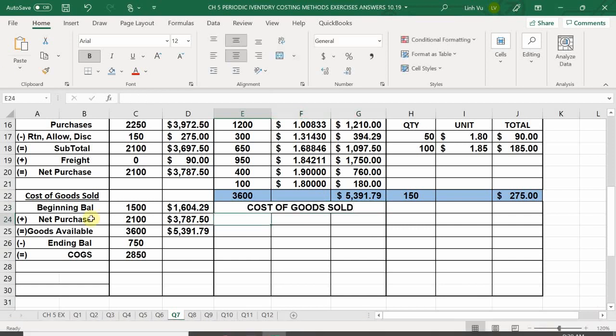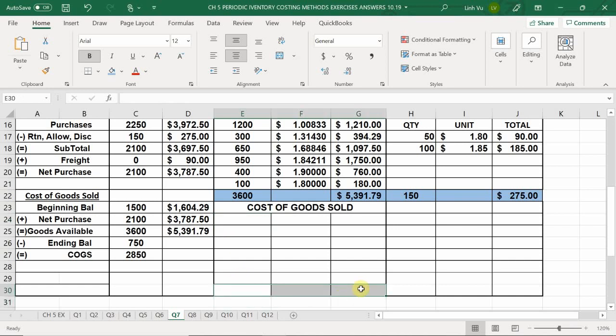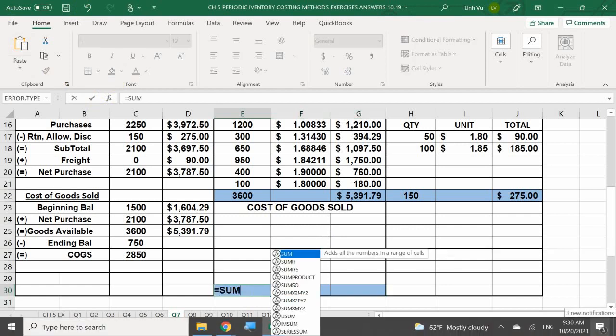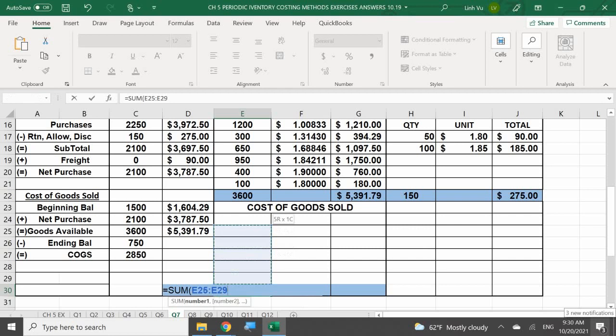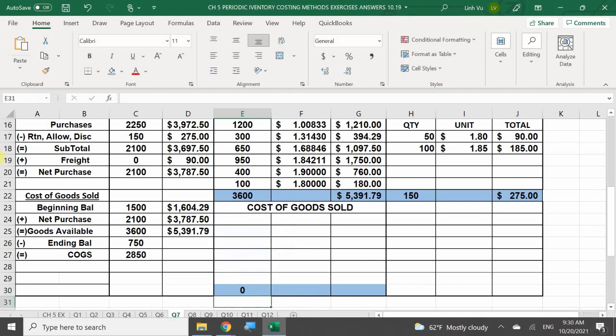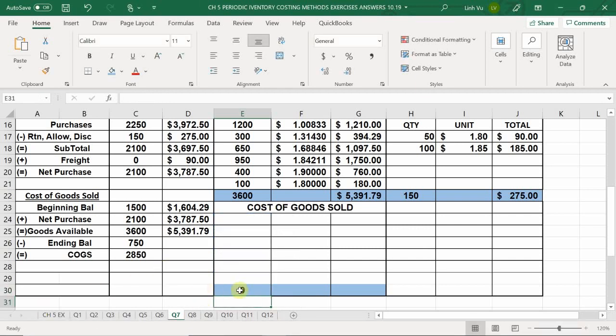Okay. And I'm going to make my little running balance thing right here down below, or my total columns. Okay. And this I'm going to go ahead and create a running balance so I know how many units I have sold so far, as well as calculating my grand total cost here. Okay.